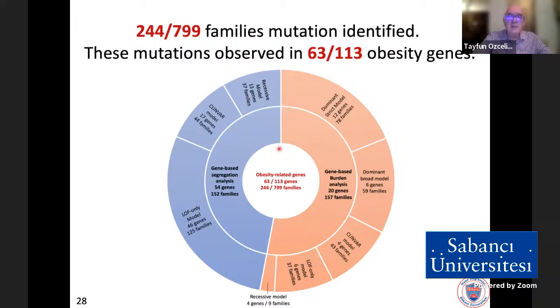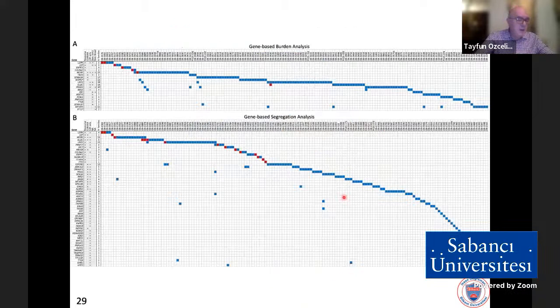So the gene-based burden analysis and gene-based segregation analysis are shown here, and the number of families under different models are depicted in the figure. This is again a difficult figure to follow, but it gives you a general idea. Here, the red colors are recessive and the blue are dominant, and this shows you the family-based cluster analysis.